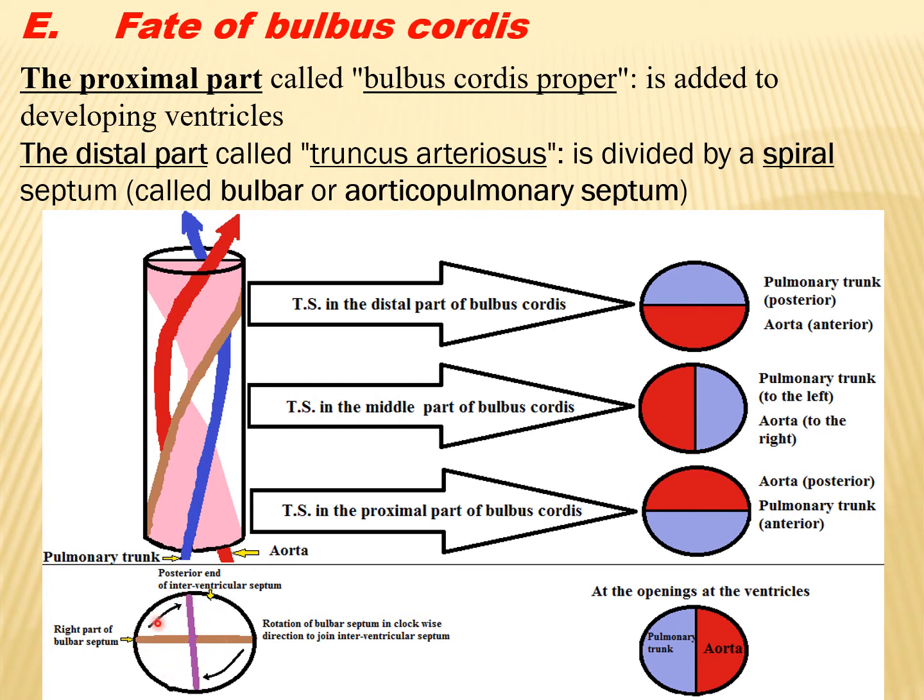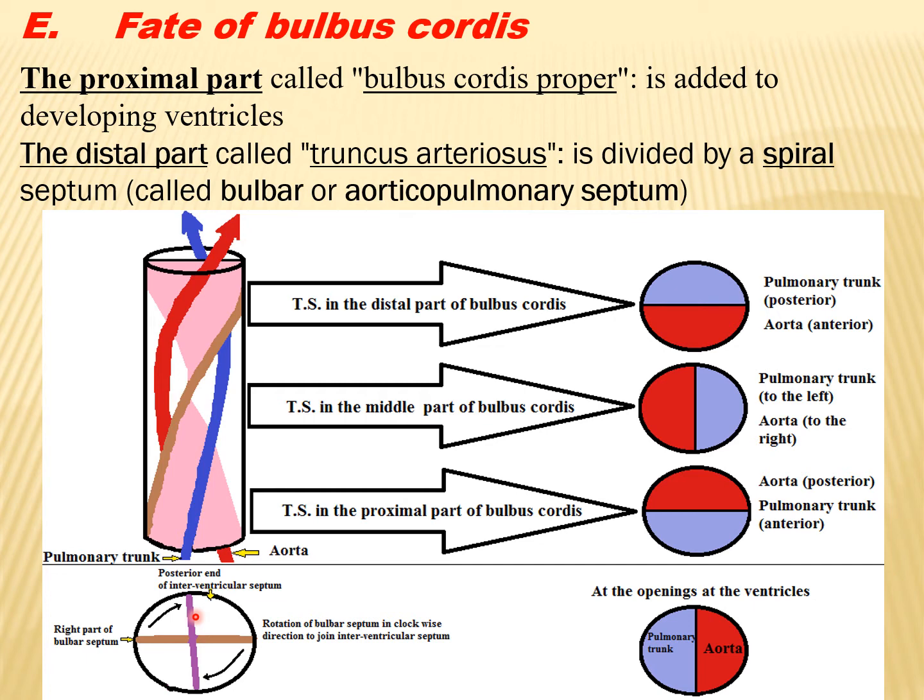As you see, in the clockwise direction, so that the right part fuses with the posterior part of the interventricular septum, and its left end fuses with the anterior part. Therefore, the aorta opens into the left ventricle and the pulmonary trunk opens into the right ventricle.